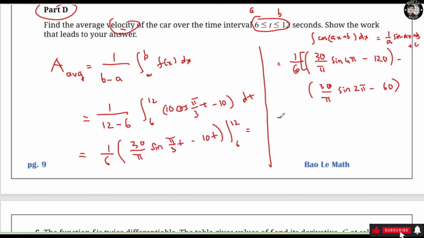So we have 1 over 6 times sine of 4 pi equals 0, so this turns out to be negative 120. Subtract sine of 2 pi equals 0, and this would be minus 60. So the answer is negative 10 feet per second.